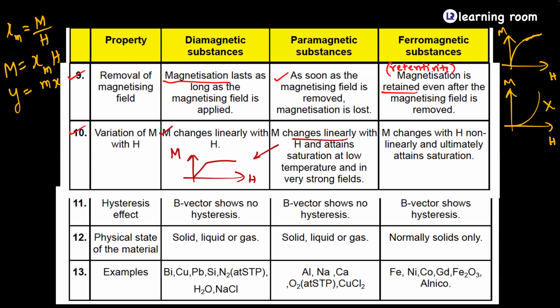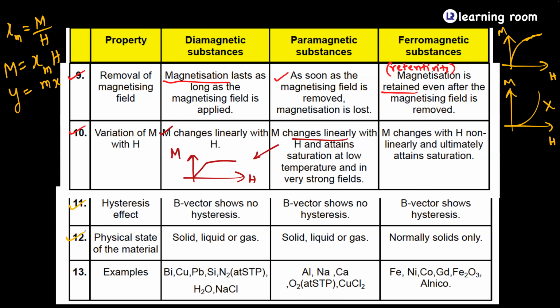Whereas this one tells you less magnetizing field is enough to magnetize the material. Means lesser the value of X, more is the value of Y. Whereas here, more is the value of X, lesser is the value of Y. So this is wrong. Am I clear with this point? Right? And there is something called as hysteresis effect, which I'll explain later.